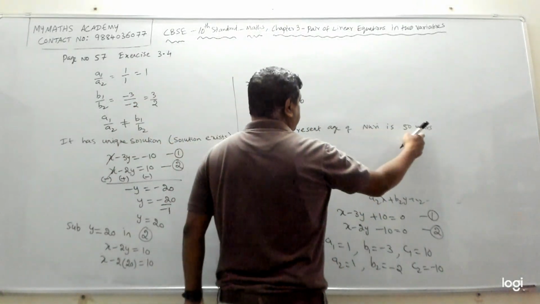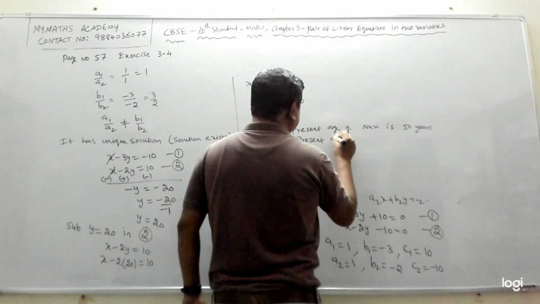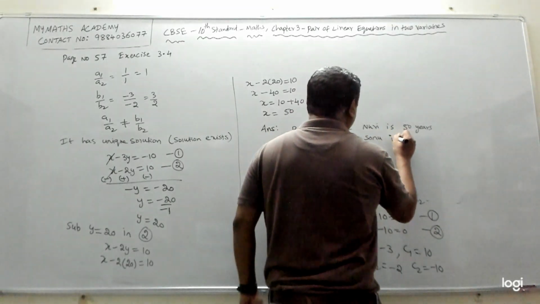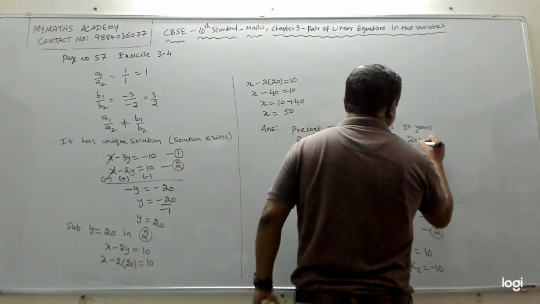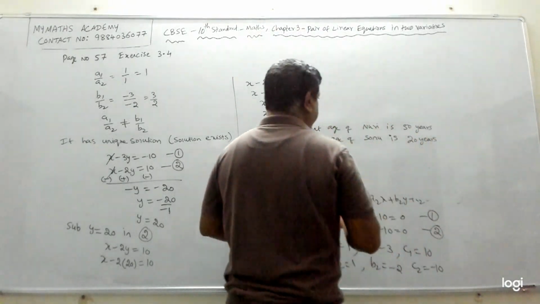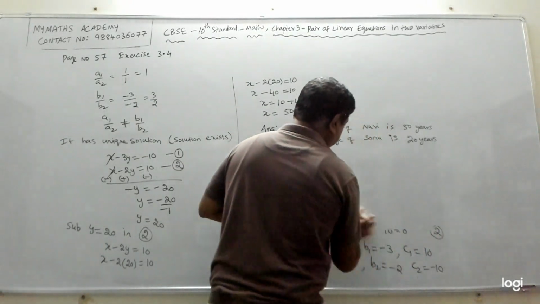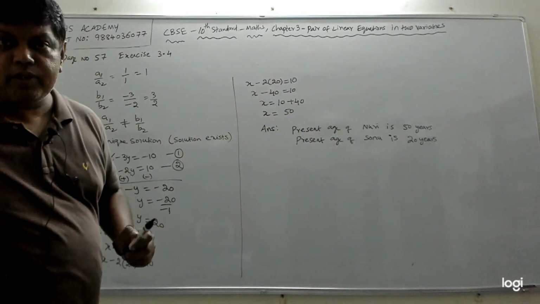Noori's is x years, x is 50, and present age of Sonu is how much? Sonu's age is y, y is 20, so she is 20 years. Clear? Fine. So this is your answer.